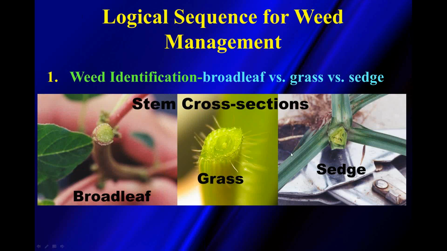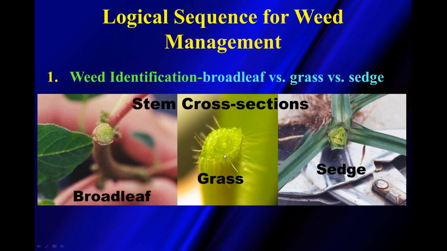If you look at a stem cross-cut section here, in the case of broadleaf, normally that will be solid. Sometimes it's pithy. You may have either a round or a square stem. If it's in the mint family, it's going to have a square stem, like henbit, for example, which is a weed that we have a lot of during the winter months.